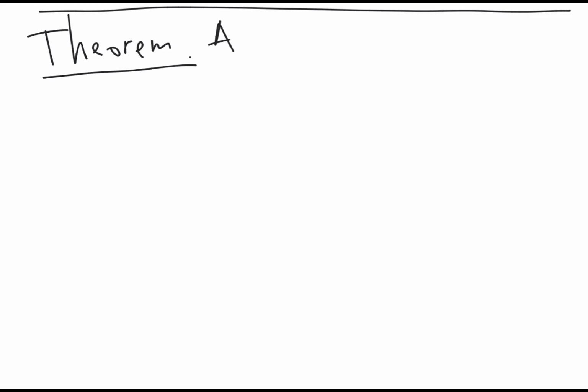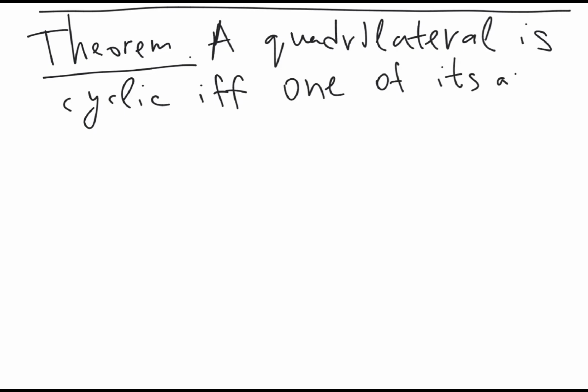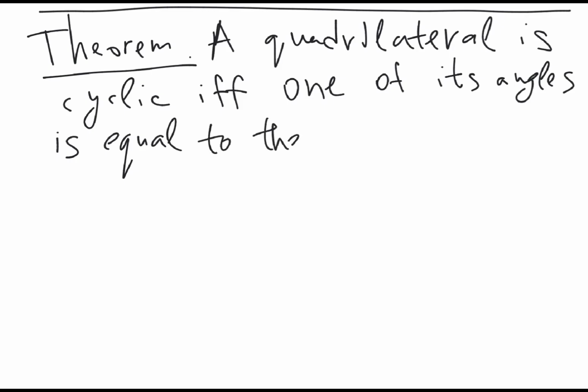A quadrilateral is cyclic if and only if one of its angles is equal to the opposite external angle.